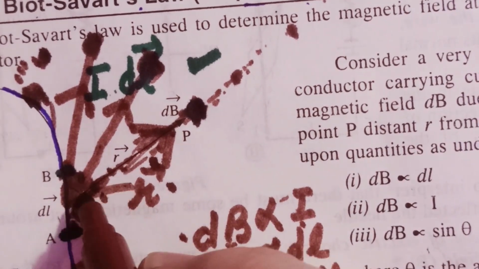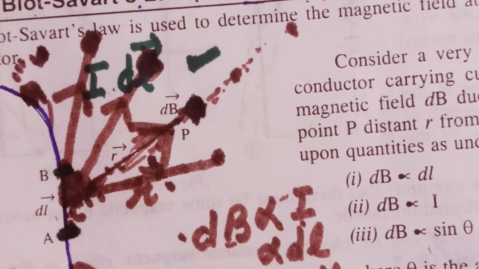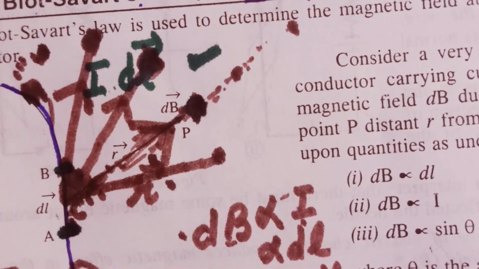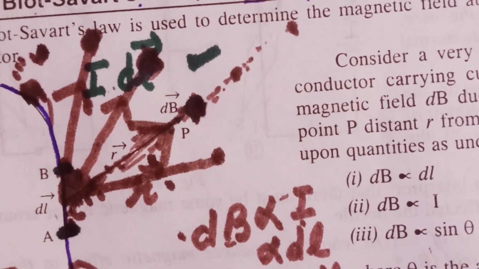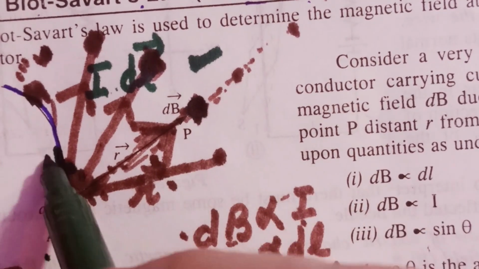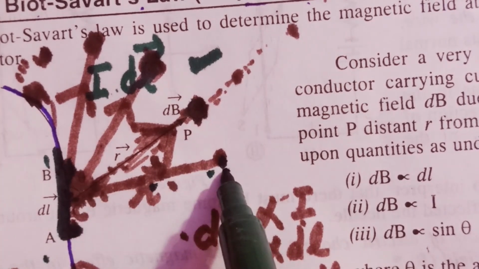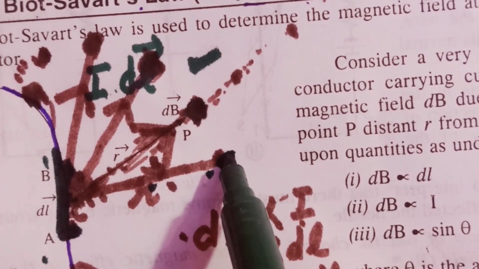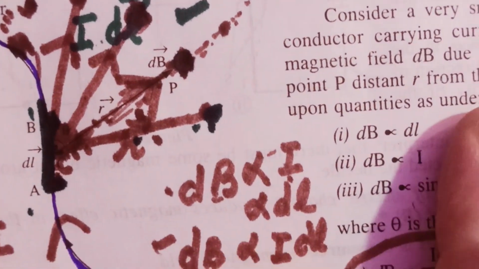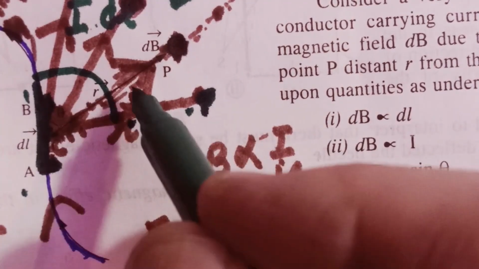And if your point is exactly at 90 degrees to this current element, the field becomes maximum. That means the field depends upon the angle. So what is the angle?